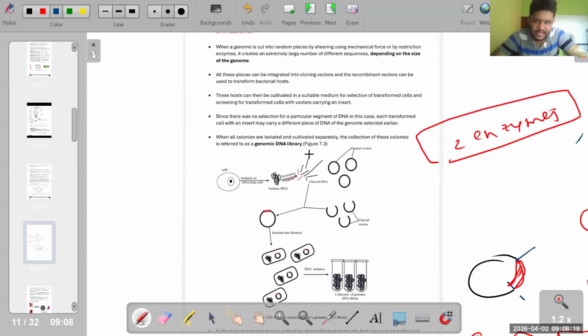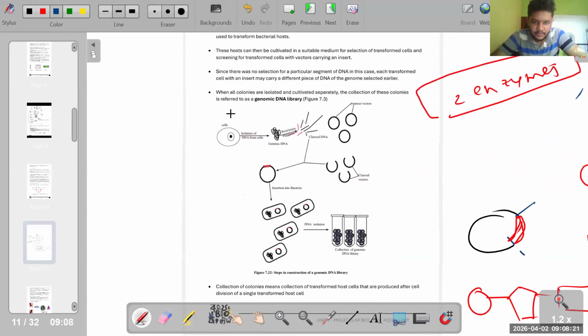See here, this diagram. Rather than my diagram, if you see this diagram, you can understand a bit better, I hope. These line structures they have given here are called DNA segments. Now these DNA segments were extracted from where?